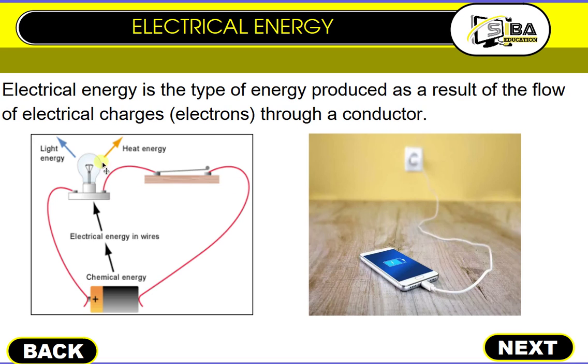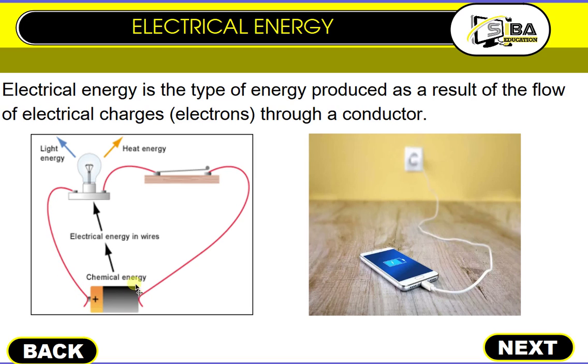Let's look at this picture here. This is a typical circuit which has a bulb, a switch, and then a battery. The battery contains an energy called chemical energy, and this chemical energy is converted into electrical energy, which passes through this wire.